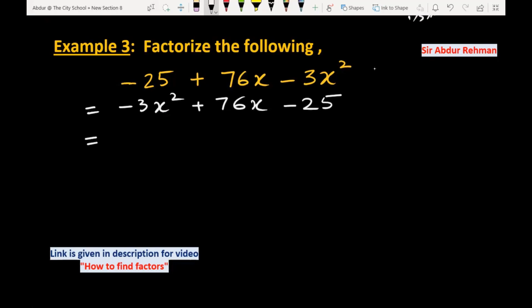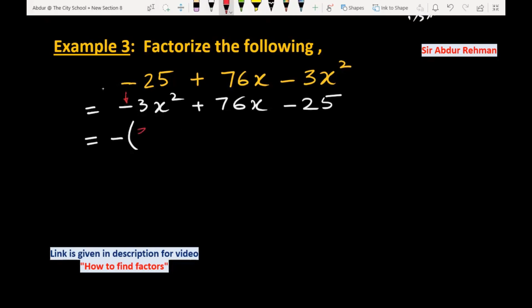The first step is to make the first term positive by taking a common factor. You have to take minus as common here. When you take minus as common, all the signs will be changed.